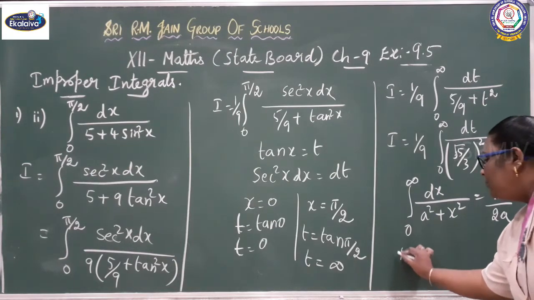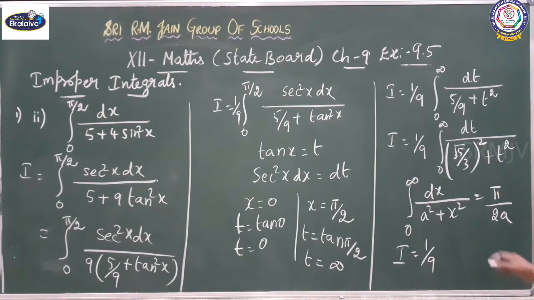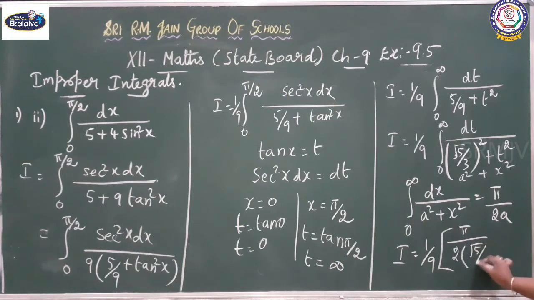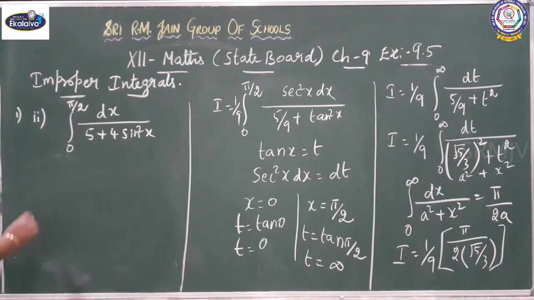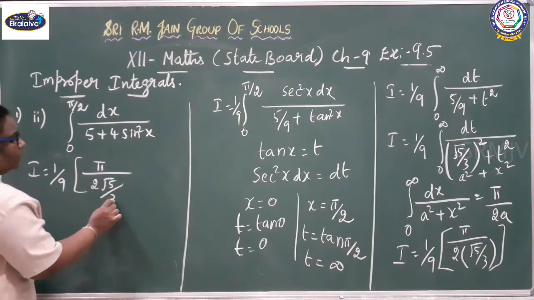So, it gives I equal to 1 by 9 into, this is a square and this is x square, 1 by 9 into pi by 2 into what is the a value? A value is root 5 by 3. So, I equal to 1 by 9 into pi by 2 root 5 by 3.